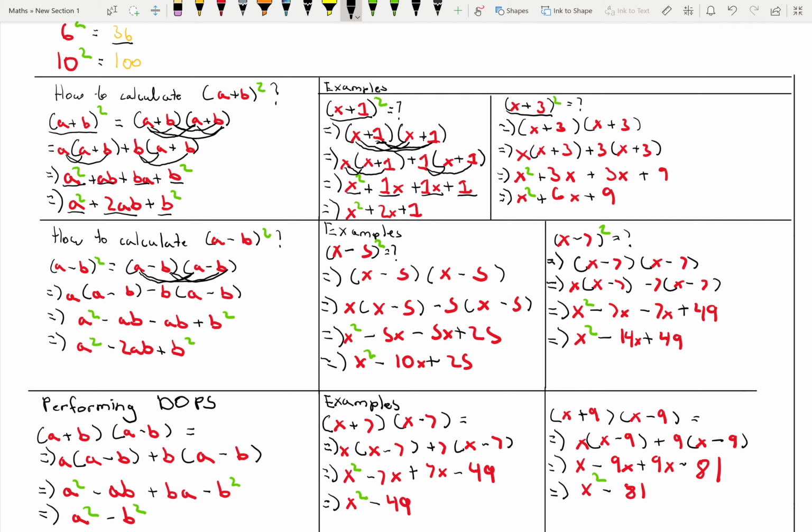Now, if we try and evaluate it, a multiplied by a is just a squared, a multiplied by negative b equals negative ab, and then negative b multiplied by a equals negative ab, and negative b multiplied by negative b equals b squared. Evaluating it, it equals a squared minus 2ab plus b squared.